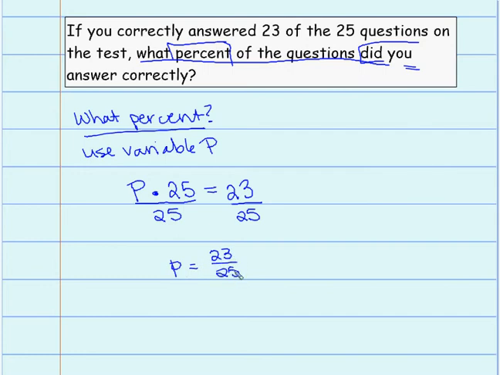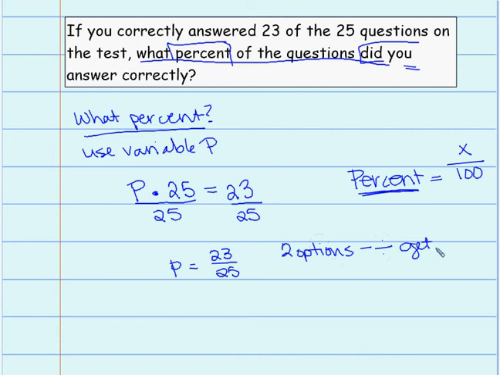Now, you want a percent. And percent is always something out of 100. So, do you see how I have two options here? I can divide and get a decimal, or I can write it as a fraction over 100.